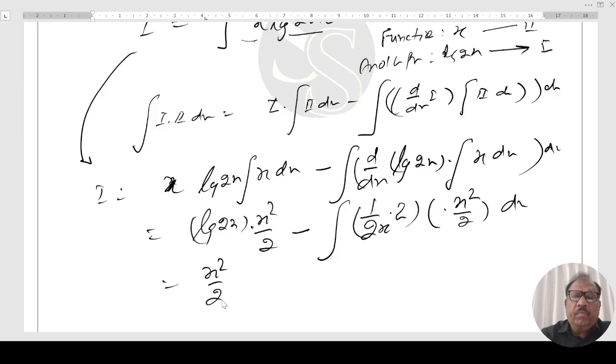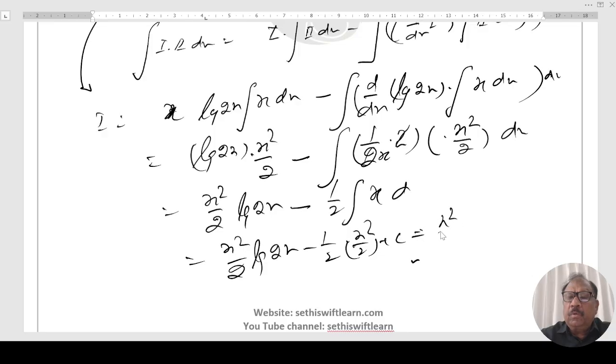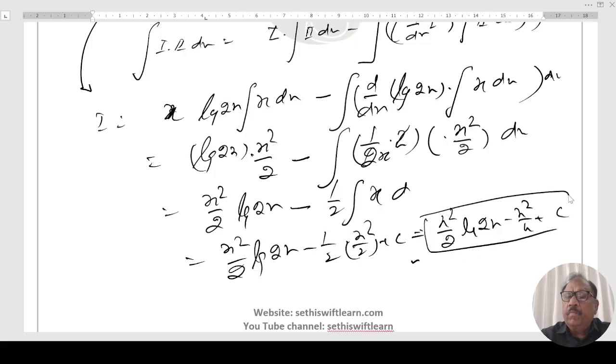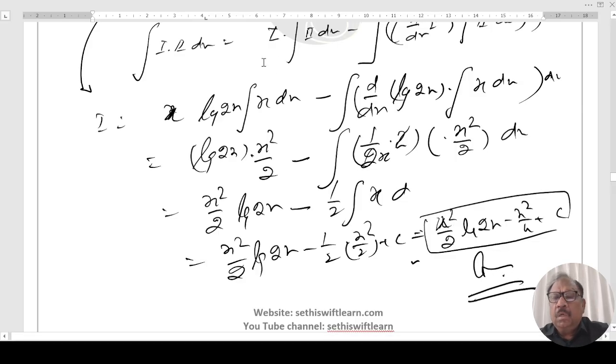X squared by 2 log of 2x minus, this 2 goes, 1 by 2 x dx. This comes out to be further x squared by 2 log of 2x minus 1 by 2 into x squared by 2 plus c, that is x squared by 2 log of 2x minus x squared by 4 plus c. This is the answer.